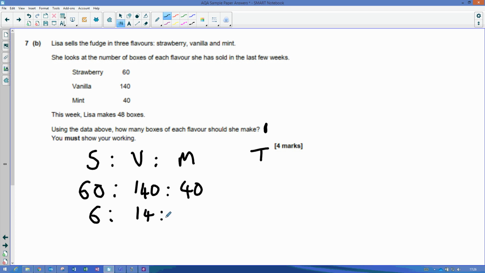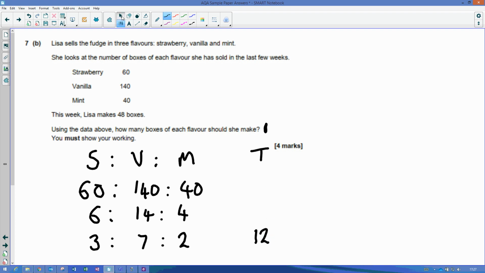And now my ratio numbers are a little bit easier to work with, but they're still bigger than they need to be. They're all even, so I can halve them. And now I've got a ratio in its simplest form. I can't do any more because these are prime numbers, so nothing goes into all of them. And now it's worth thinking about my total. 3 plus 7 plus 2 equals 12.